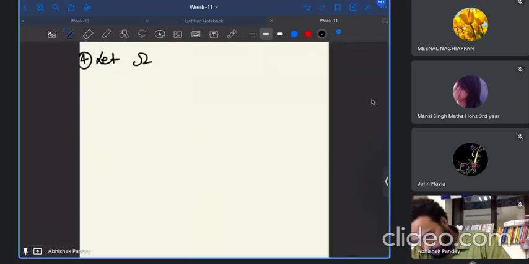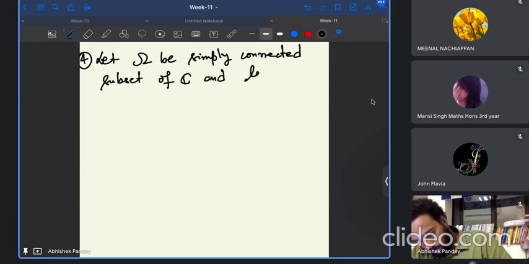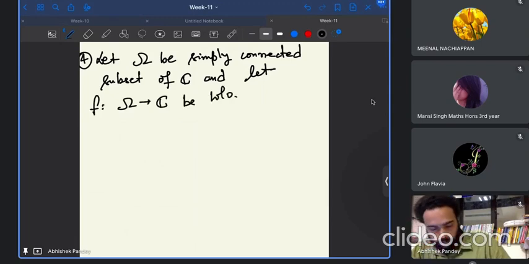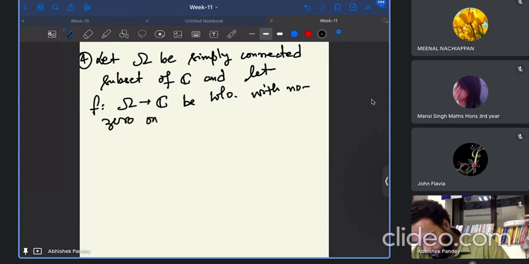Let omega be a simply connected subset of C, and let f such that omega to C be holomorphic with no zero on omega.